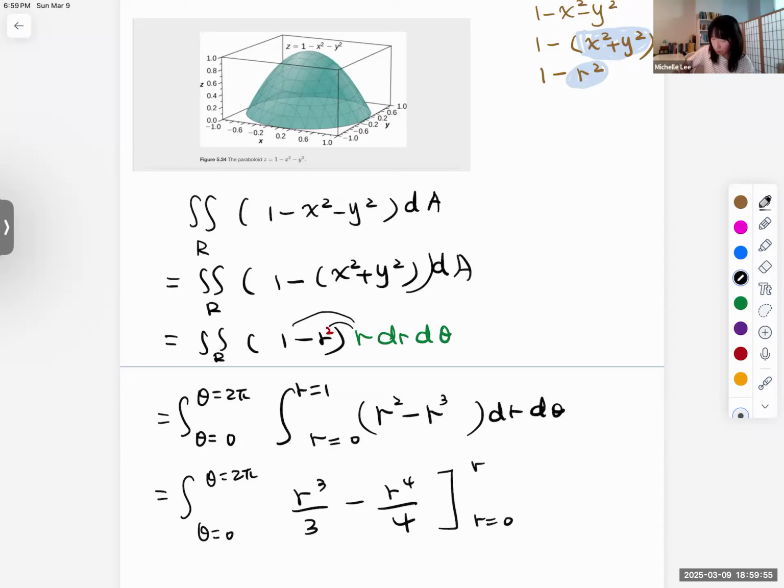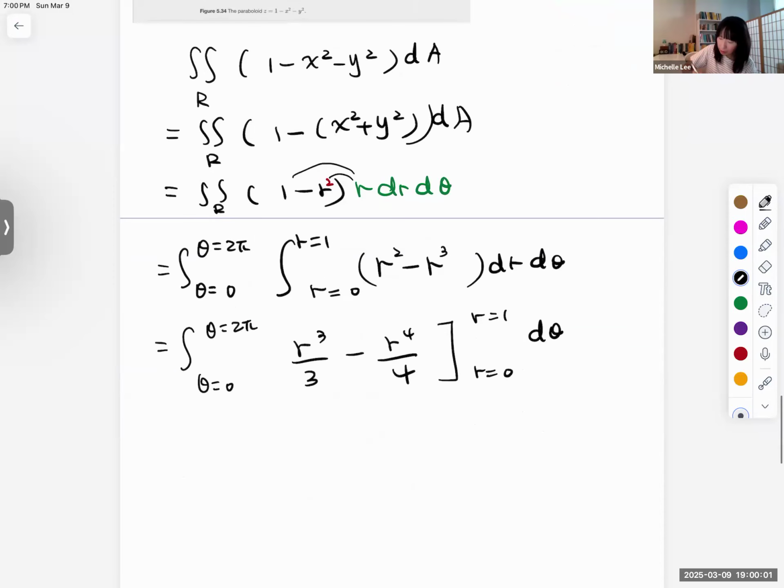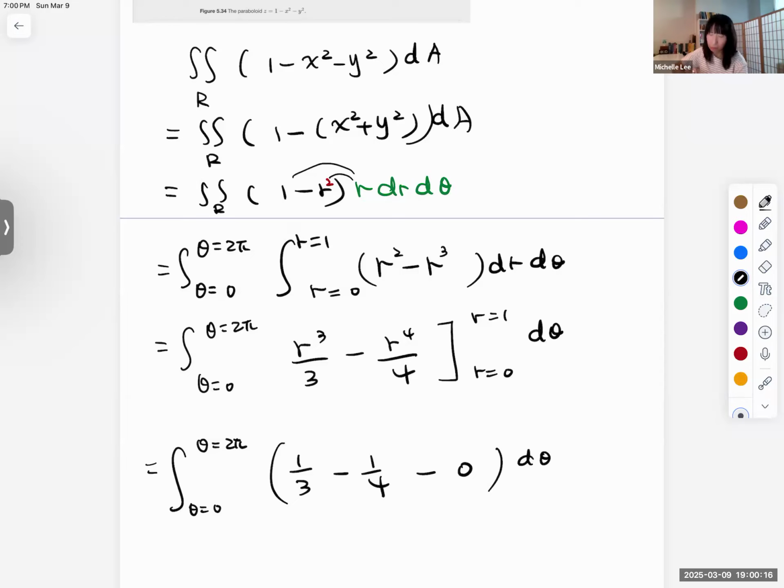Evaluate from 0 to 1. Okay, so then we will have 1 over 3 minus 1 over 4 minus 0. Yeah. Theta. Wait a minute.